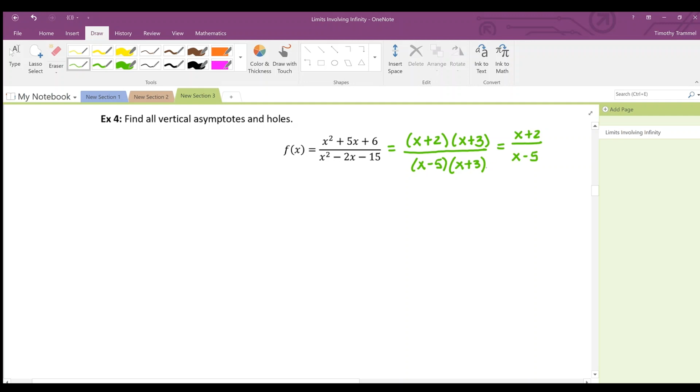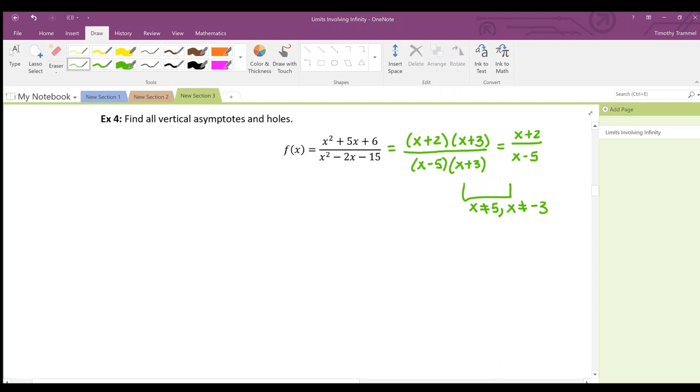Now, these two things are equal everywhere except for when x is 5 and when x is -3.